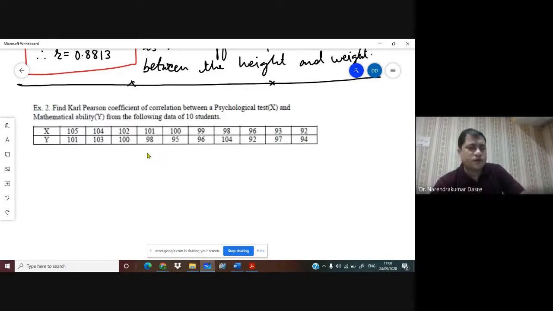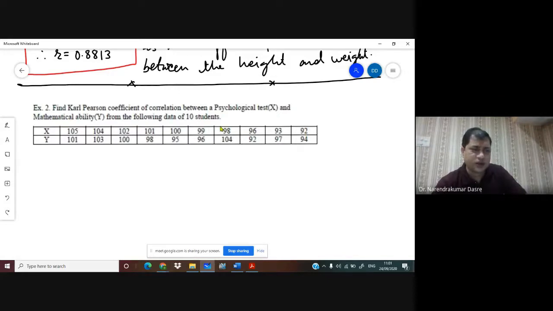Now we have to find the correlation between these two test results. We have to consider whether there is any relation between the mathematical ability and the psychological test, and then how good is this relation.